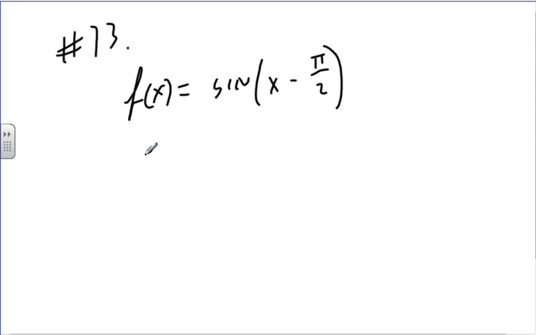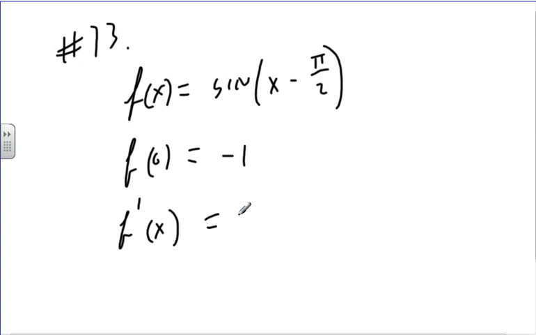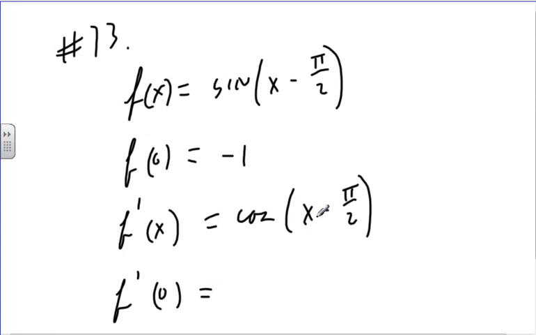Anyway, it doesn't really matter. What matters is that we're going to solve it. All right, so f at 0, the sine of minus pi over 2 would be minus 1. F prime of x is cosine of x minus pi over 2 times the derivative of the argument, which is 1. F prime at 0 is cosine of minus pi over 2, which is 0.